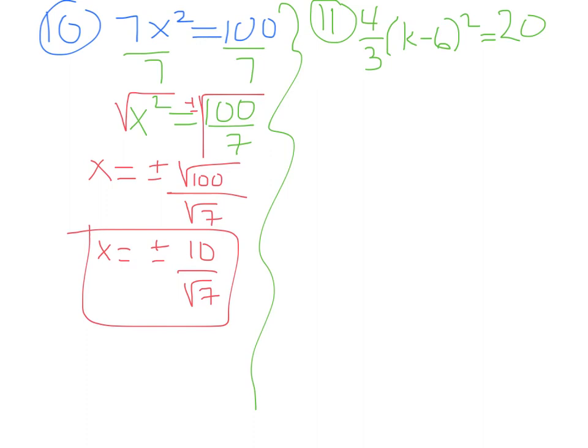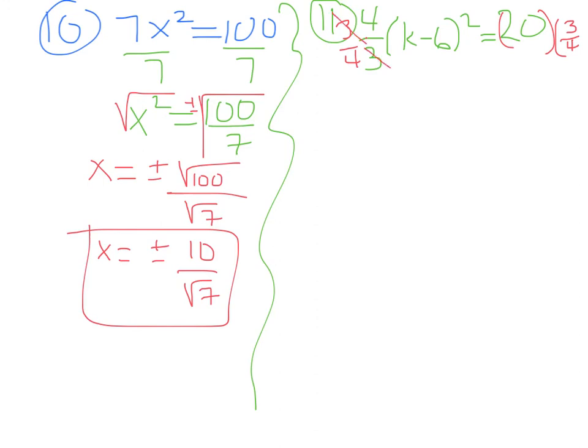So the first thing that we do for this type of problem is get rid of the 4 over 3. Get rid of your fraction. You do that by multiplying both sides by its reciprocal, which is 3 over 4. So on the left-hand side, we actually don't change anything with the k minus 6 squared because we've already multiplied what's outside of it by 3 over 4.